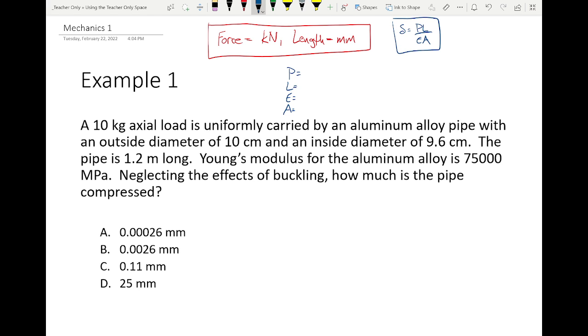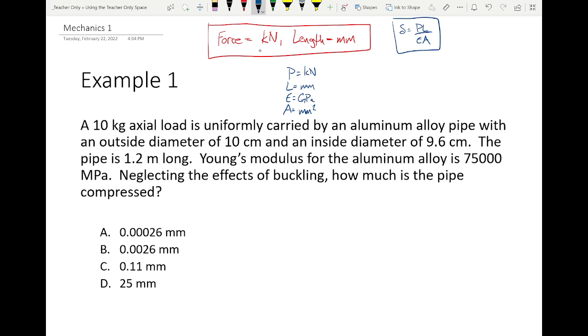P is our applied load, that's the force, that needs to be in kilonewtons. L needs to be, in this case, the length in millimeters. E needs to be in gigapascals, and A needs to be in millimeters squared. So it gives us some guidance on how to do our appropriate unit conversion. We're just going to take each of these terms one at a time.